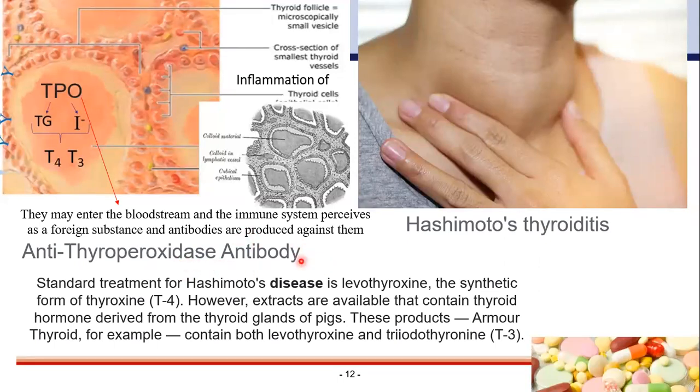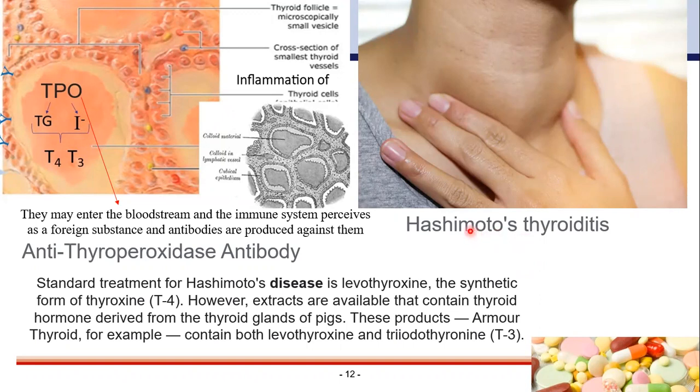Okay, and most of them are anti-thyroperoxidase antibodies. And when we find a high concentration of anti-thyroperoxidase antibody in the blood, this condition means developing Hashimoto's disease or Hashimoto's thyroiditis, named after the Japanese scientist Hashimoto.